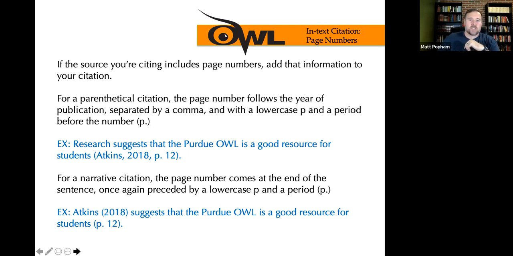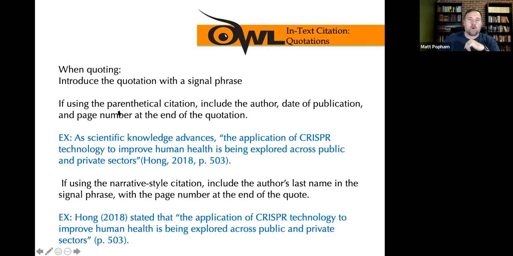So here are some more examples of how we can utilize parenthetical citation and the narrative citation. I won't read through these. You guys can access this PowerPoint on the Purdue OWL's website, and they'll go into more detail on this stuff.